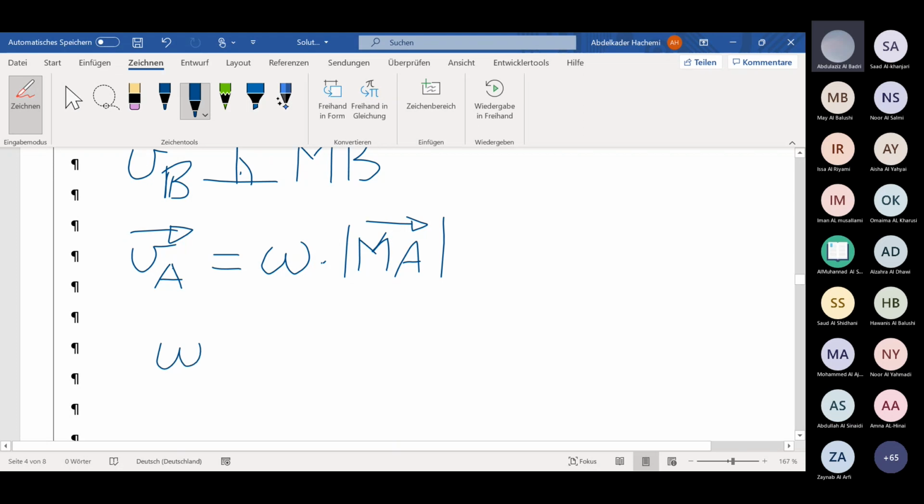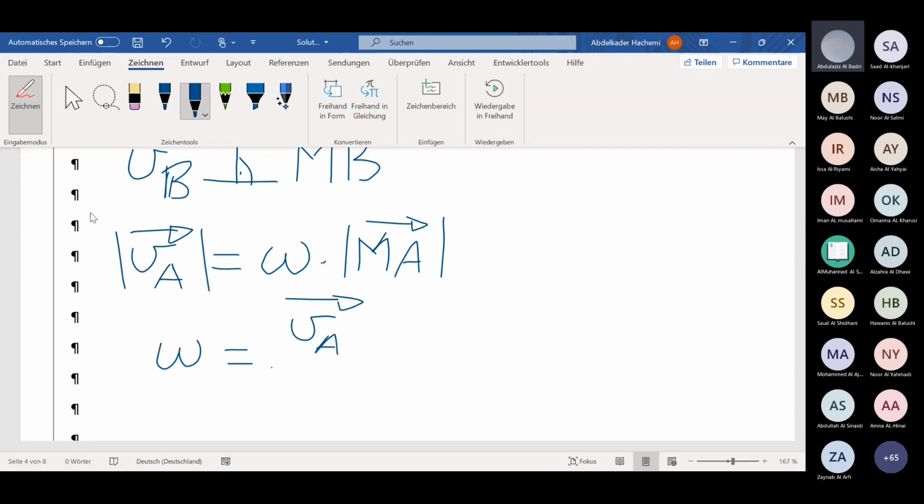It's only the value VA. I make it here also in absolute value, not as a vector. By using the absolute value or the magnitude, VA will be the magnitude.